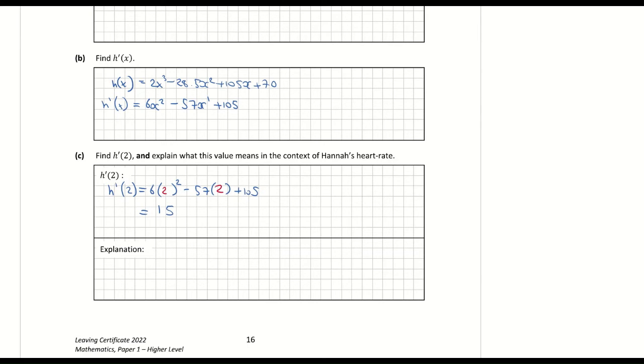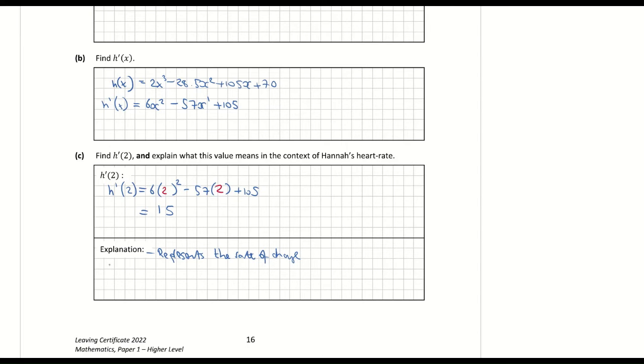The next part of that question is asking us for an explanation to that. Don't forget that when you find the derivative of something, you're finding its rate of change. So a couple of ways we can write this here. So it represents the rate of change, because that's what dy dx basically is.